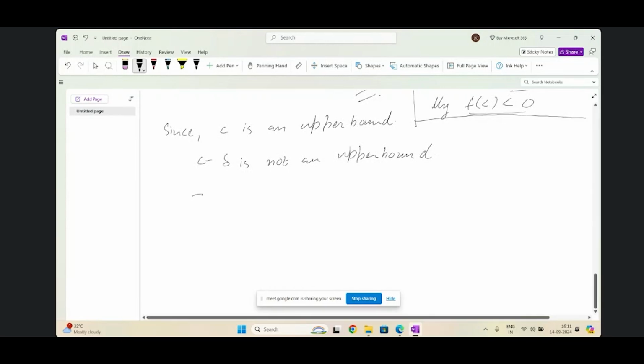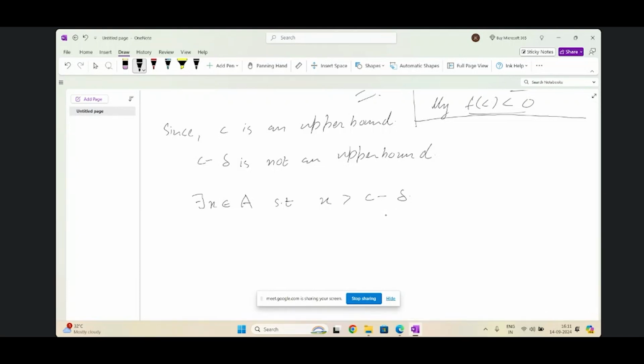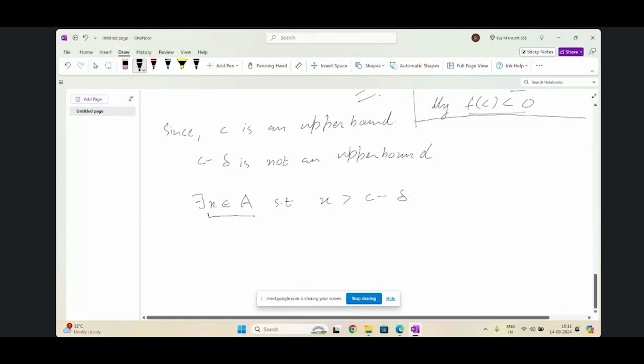It means there exists x belongs to A such that x is greater than c minus delta. Am I right? Now, take this x from A.